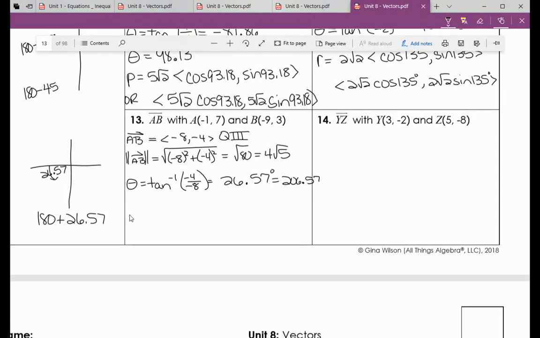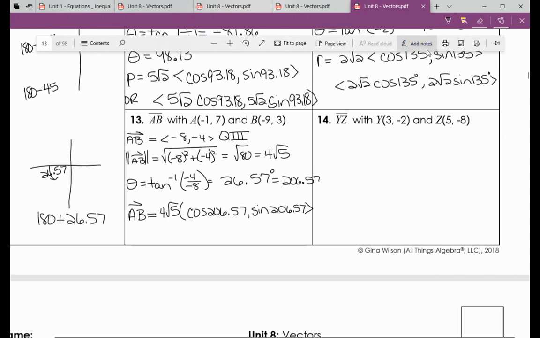Now, for my trig vector for AB, you can put 4 square roots of 5 out in front, and we have cosine of 206.57, sine 206.57.